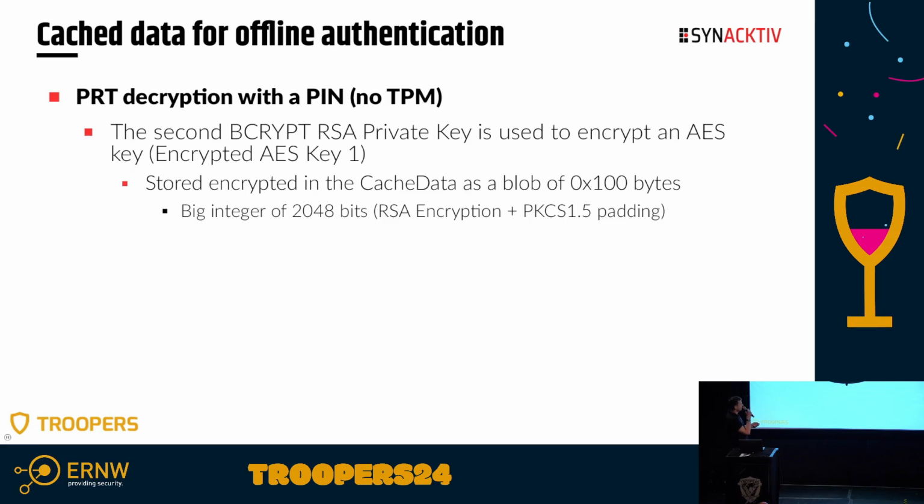It's stored as a blob of 0x100 bytes. Why? Because this is simply the size of a big integer of 2048 bits, which is the result of the RSA encryption using PKCS1.5 padding, because when you want to do an encrypt operation with RSA, you need to pad the input with some stuff so that it matches the size of the key.